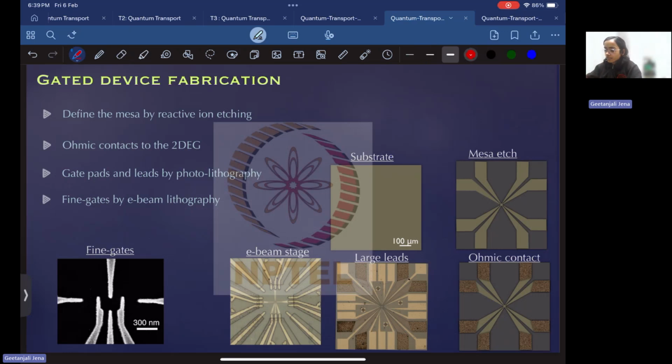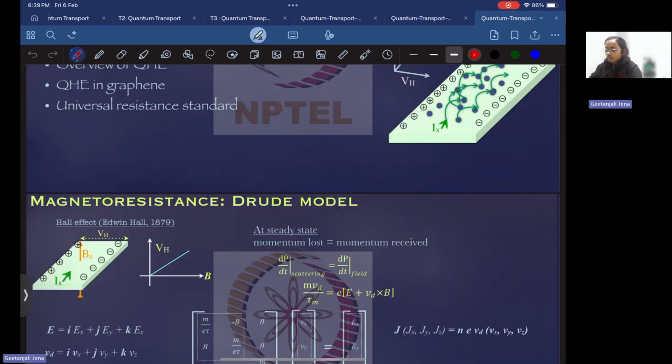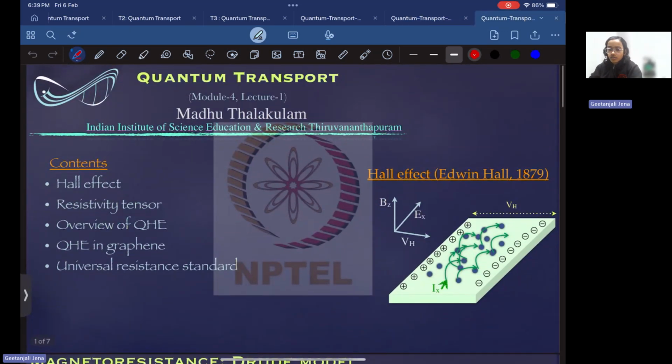Towards the last part of the lecture, we see what the quantum Hall effect is. So for now we know the different types of techniques that we can use to fabricate our design. Now let us see, after designing, what quantum effects will happen in our device if we operate it.